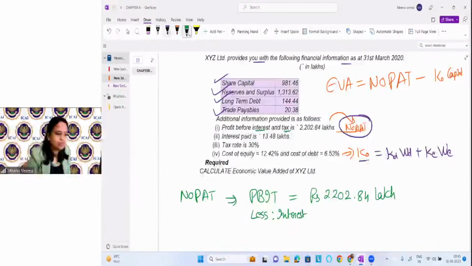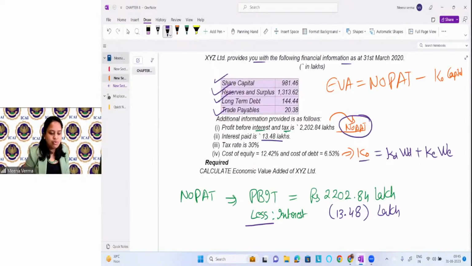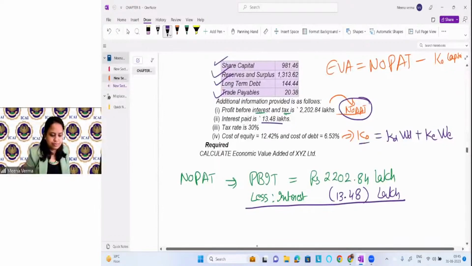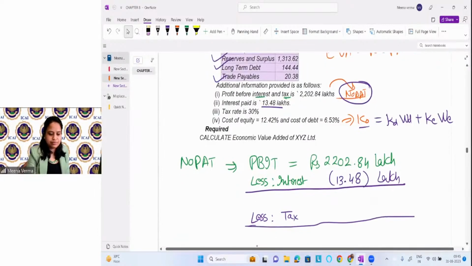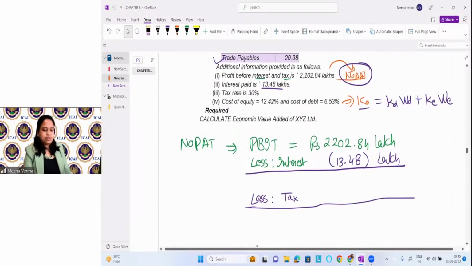What is the amount of interest here given? Whatever the amount is coming here, then less tax. Right? Solve it and tell me, right? I'm just writing it so that you can solve it. Solve it and tell me what is it coming.